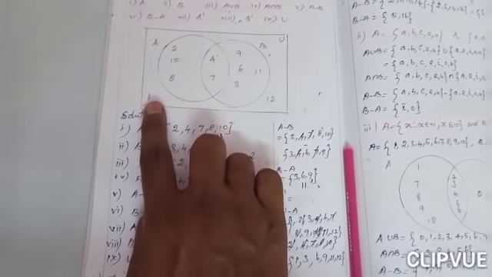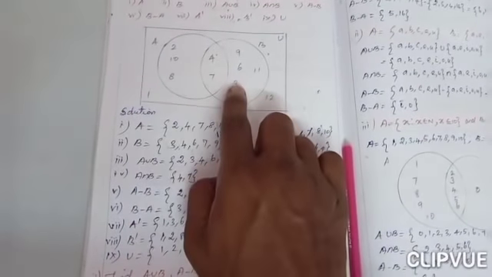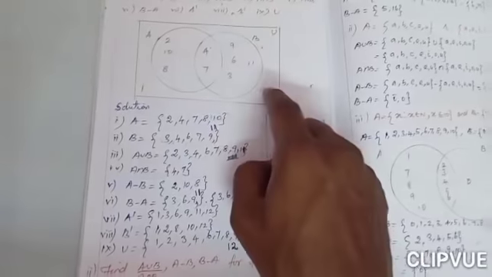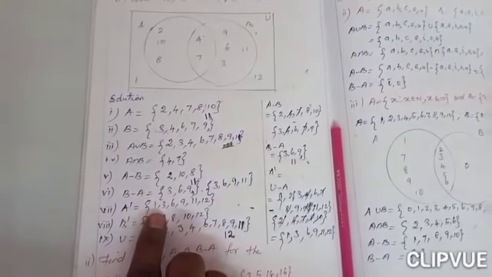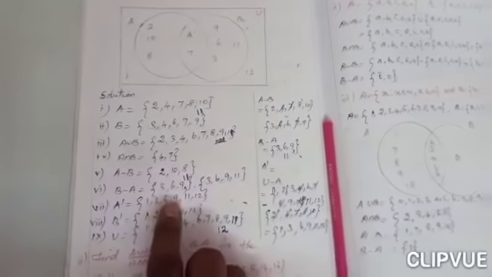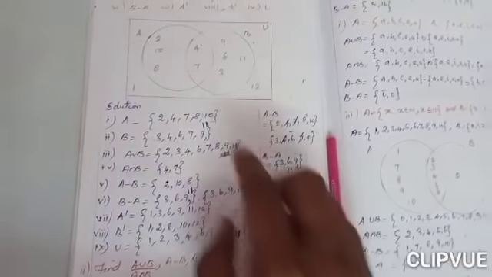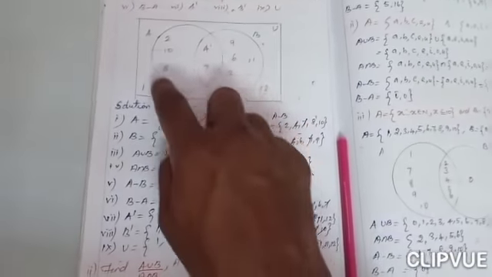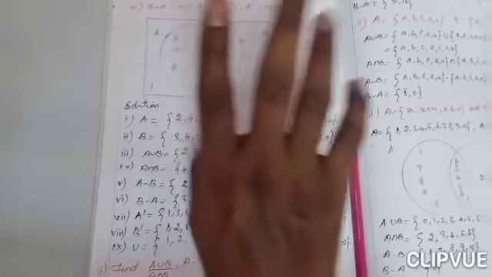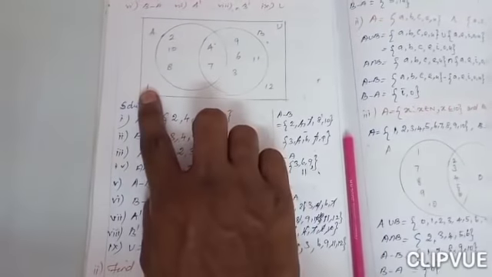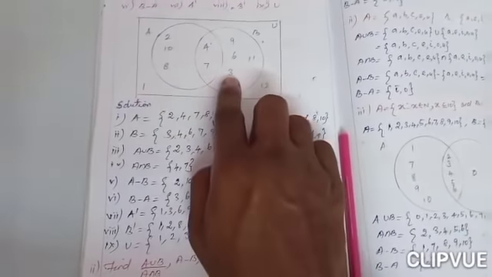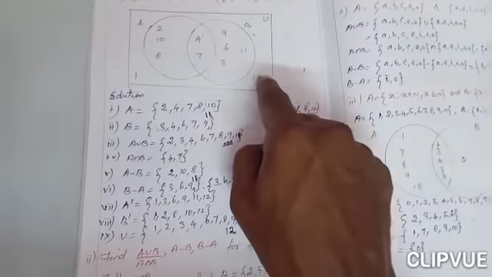Write the remaining elements: 1, 3, 6, 9, 11 and 12. So A dash is 1, 3, 6, 9, 11, 12. I repeat, you should not take the elements of A in the case of A dash.